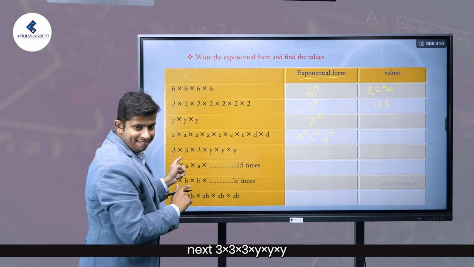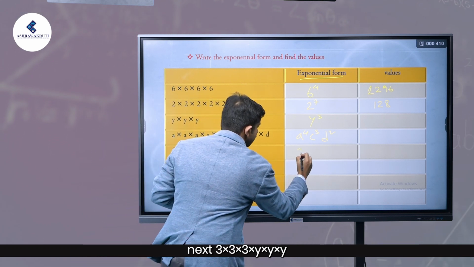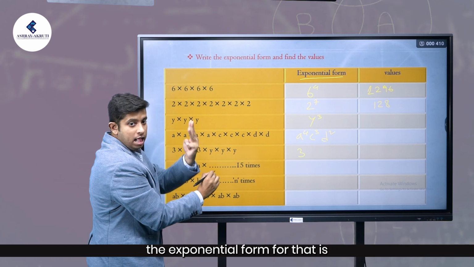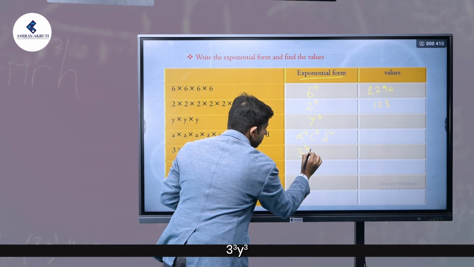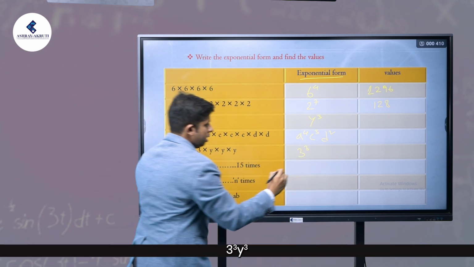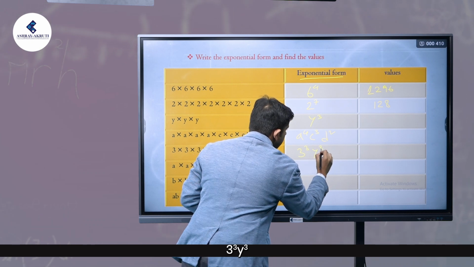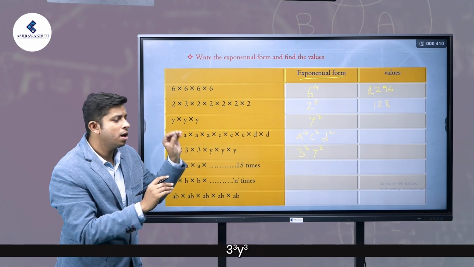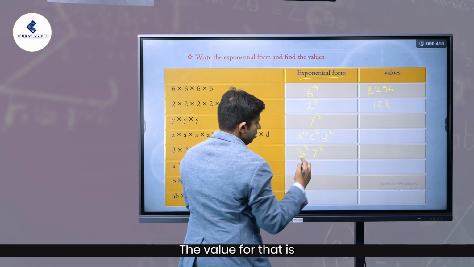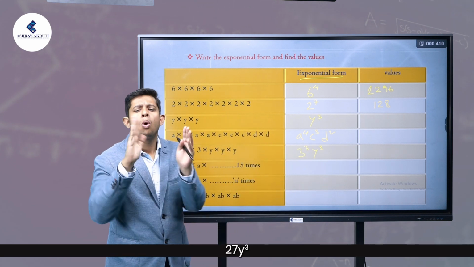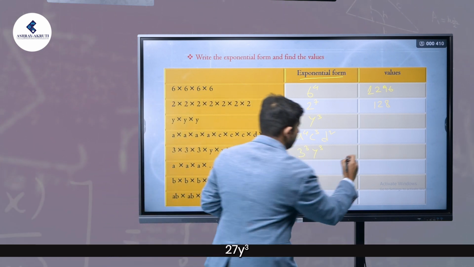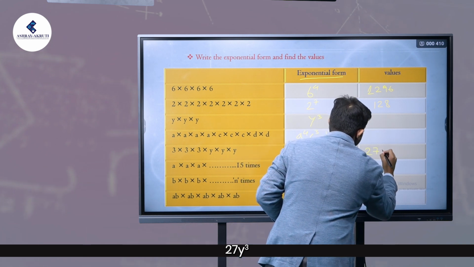Next, 3 into 3 into 3 into y into y into y. The exponential form for that is 3 to the power of 3 y cube. The value for that is 3 cube is 27 y cube.